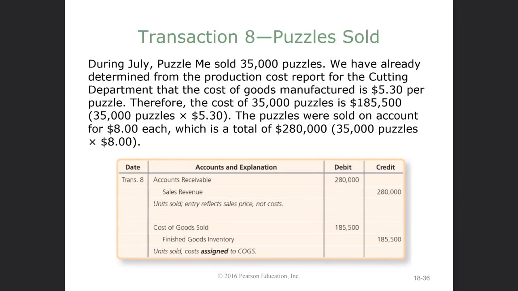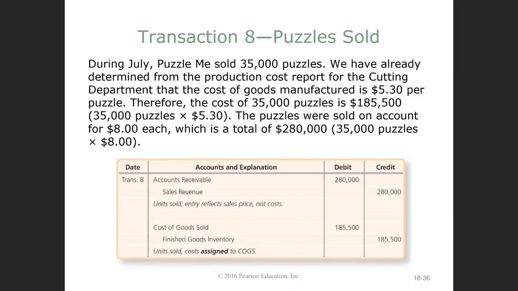This is what we expect to receive for the items. So we have a debit to accounts receivable of 280,000, and that's what our revenue is going to be, because that's our sales price. So our sales revenue, we're going to credit for 280,000. This is to record the sales.